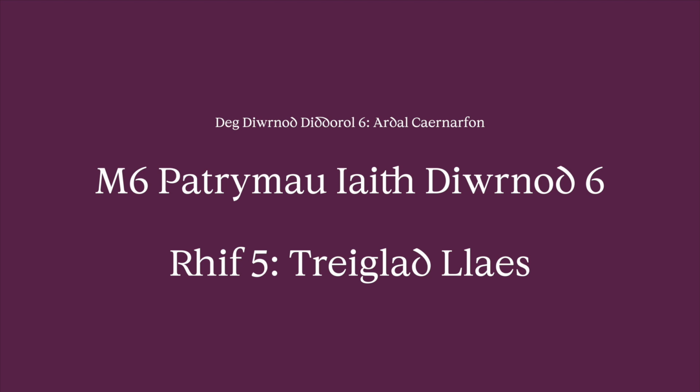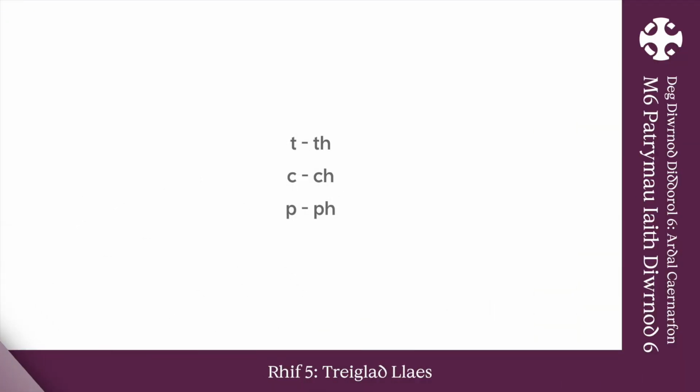Number 5. Treiglad llais. Aspirate mutation. The final mutation is the aspirate mutation, and it only affects three letters: t, c, and p. T, th, c, ch, p, ph.